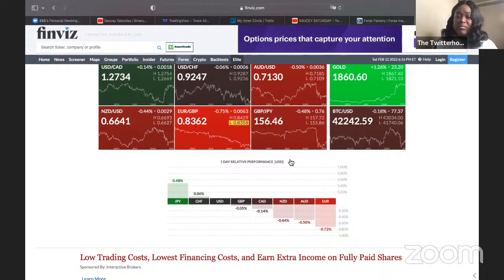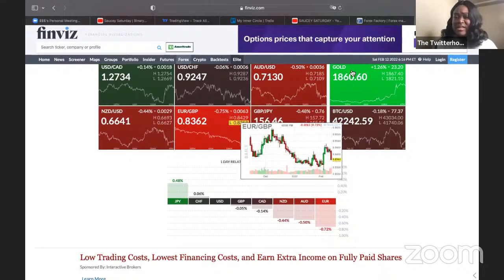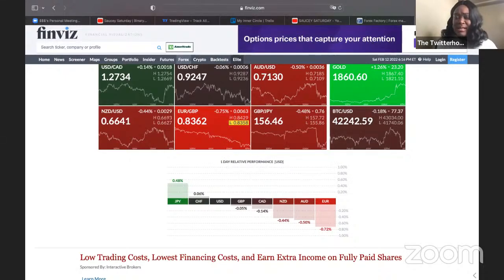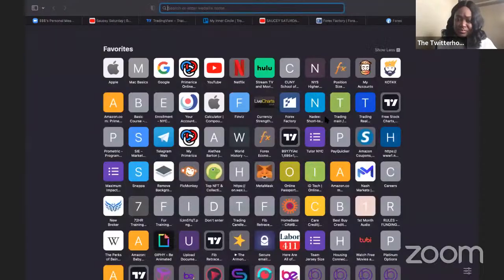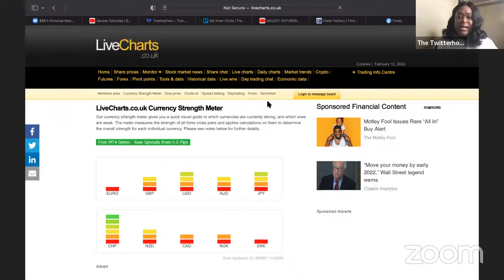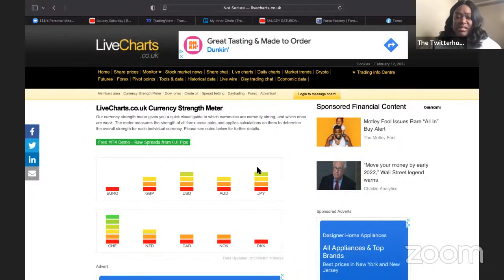Now, not only will I look at Finviz, I will also look at livecharts.co.uk, and this is going to give me the strength in bars. And the more bars, the stronger the currency. We were looking at Euro JPY.